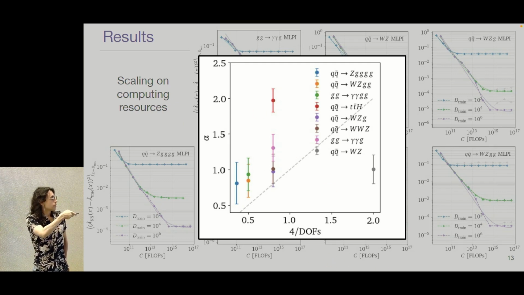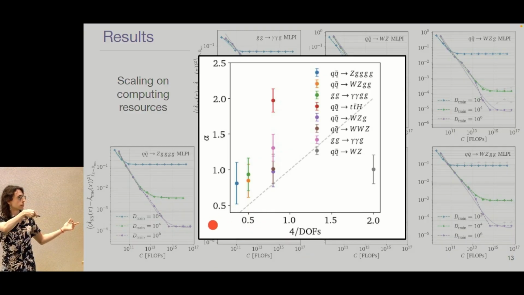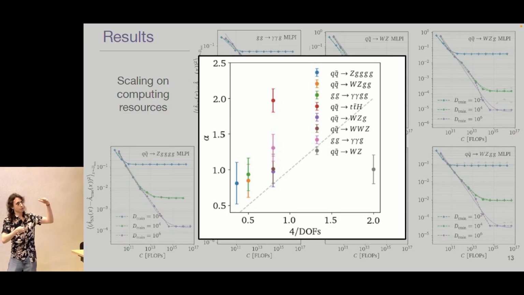We see some relation, I mean, big error bars, but there is clearly some decrease in improvement as your process becomes more complex, so higher degrees of freedom is this way on the plot. So as your process is more complex, you get smaller exponents of the scaling law, which makes sense. And again, we see that it breaks down for the WC process, but it makes sense.